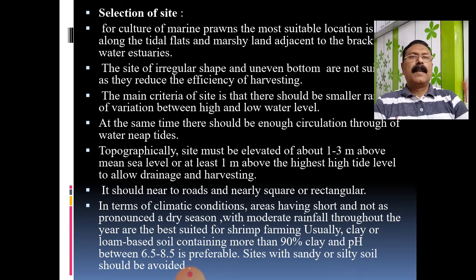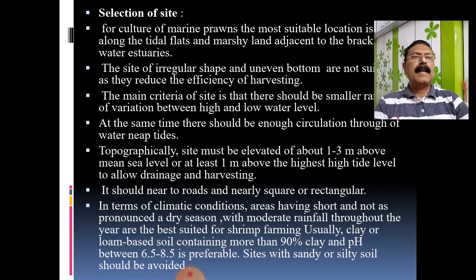The next point regarding the selection of the site is that there should be a smaller range of variation between high and low tide water level. We know very well it is nearby the beach, nearby the estuary, and ultimately the phenomenon of high tide and low tide is there, and that water will reach the particular ponds.